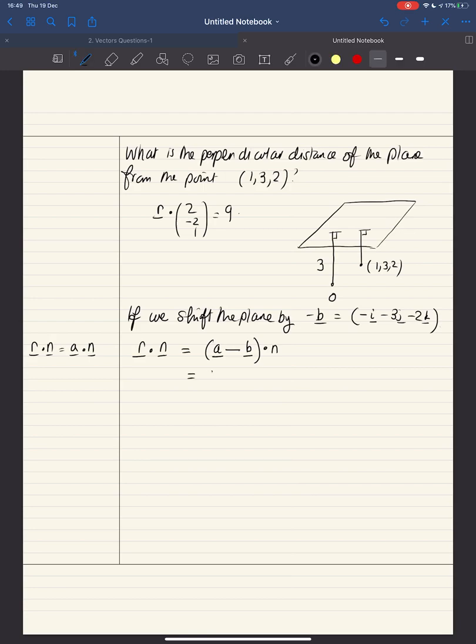Okay. So this is A dot n minus B dot n. And so the distance of the new plane from the origin, which is now, if you like, (1, 3, 2), is (A minus B) dot n divided by the size of n.